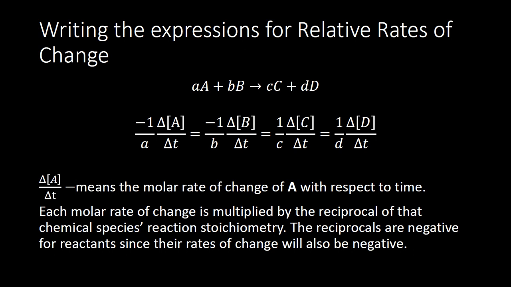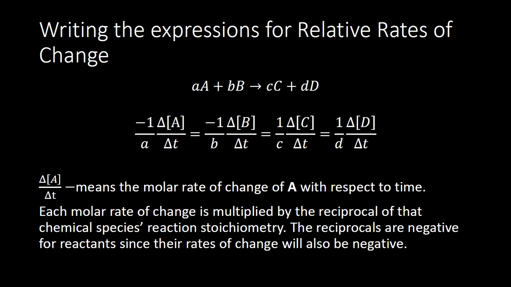So, for example, the rate of change of A, we would multiply that by 1 over little a, or whatever its stoichiometry was. And we would do the same thing with the rate of change for B. We would multiply that by 1 over b. We would multiply the rate of production of C by 1 over c, and the rate of production of D by 1 over d.